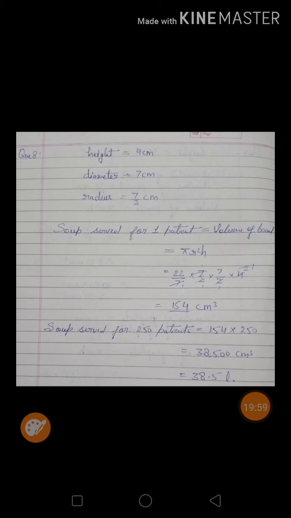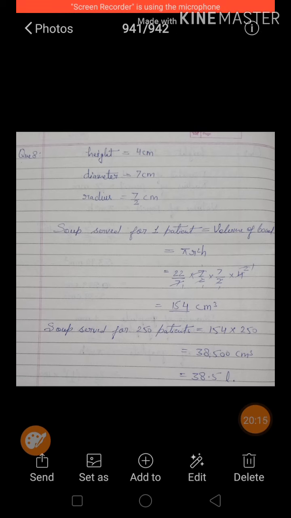Soup served for one patient is equal to the volume of bowl. So volume of bowl is pi r square h. When soup is served in a cylindrical bowl, it will also form like a cylinder. When we fill any liquid in any vessel, it will take the shape of the bowl or vessel.